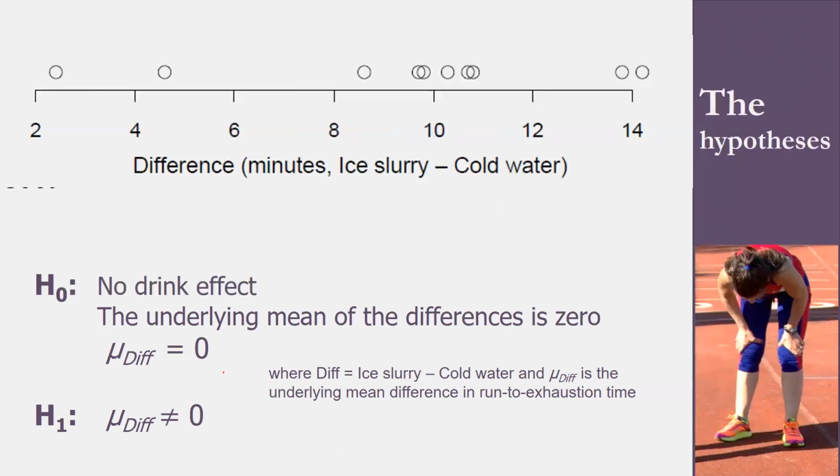Like I said, there is some research that says that cooling your body temperature will help you to be able to run for longer. But we already looked at the data and that's what we saw, and we don't want to do data snooping. Our default position is always a two-sided hypothesis, so we're going to be conservative here and go two-sided.